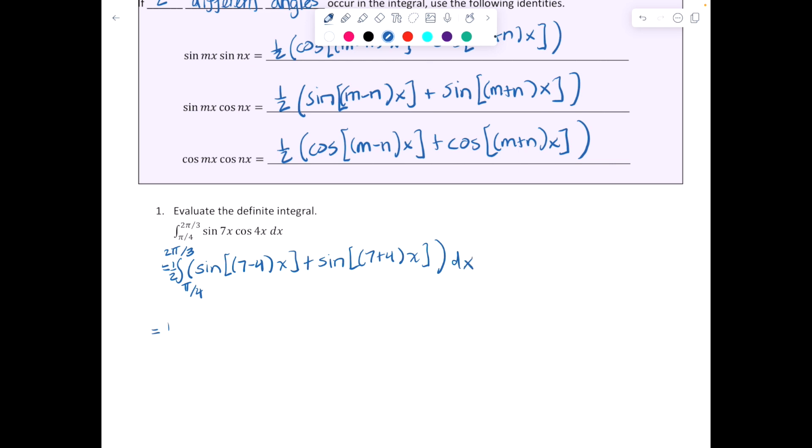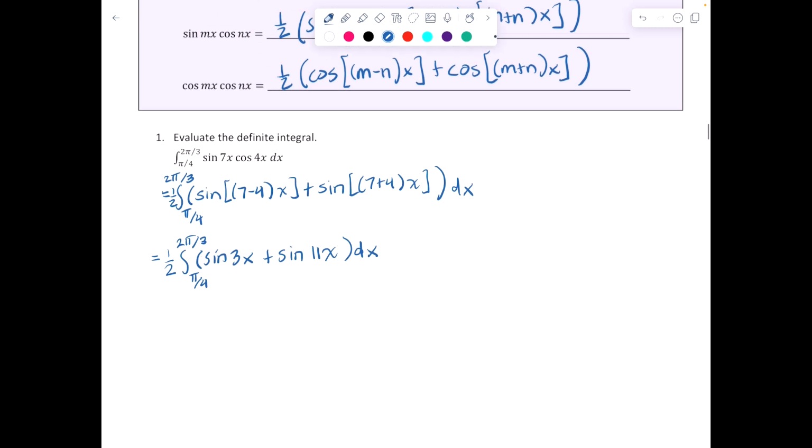So this is going to be 1/2 times the integral from pi over 4 to 2 pi over 3 of sine of 3x plus sine of 11x with respect to x.